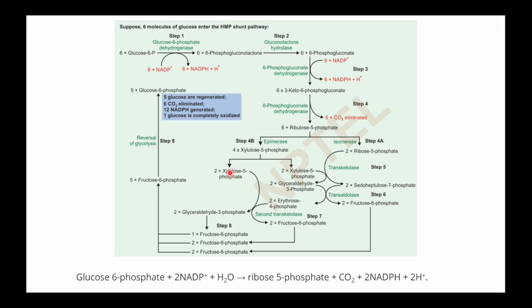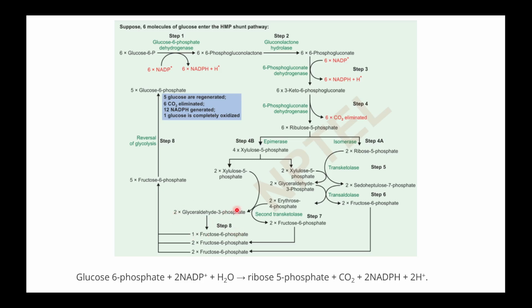So how many carbons are there? 9. Okay, so we will get 2 molecules of fructose 6-phosphate, that is 6 carbon, and the remaining are 3 carbon, so we will get glyceraldehyde 3-phosphate. Okay, so this is the second transketolase. This fructose 6-phosphate will also go back to glucose 6-phosphate, and then the glyceraldehyde 3-phosphate will also get converted into fructose 6-phosphate.